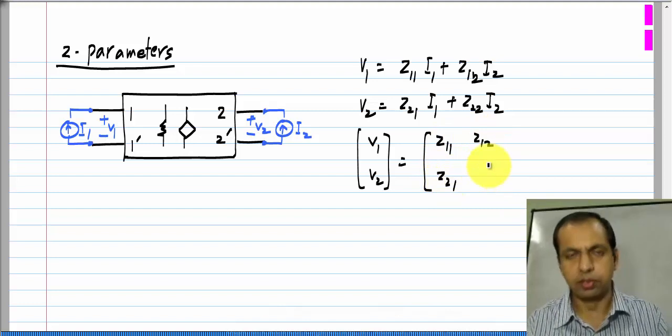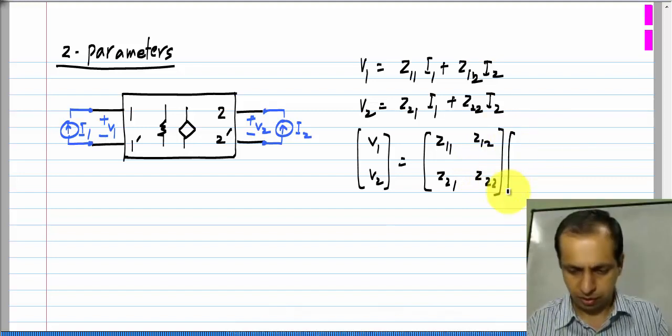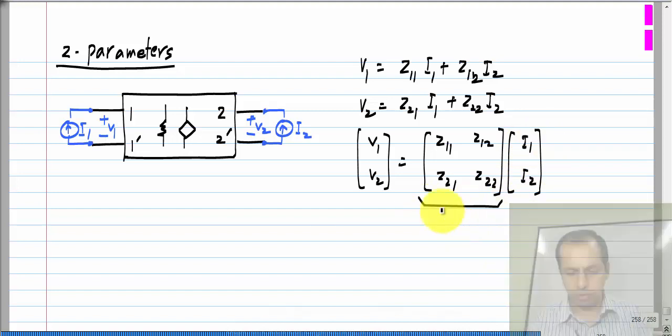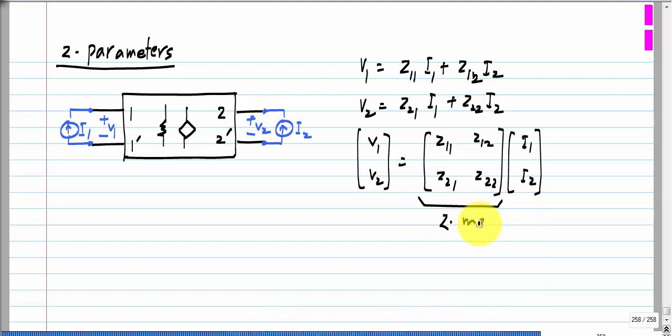It is exactly the same thing. So, the linear equations are placed in a matrix form, that is all. And this 2 by 2 matrix is known as the Z matrix or Z parameter matrix of the 2 port.